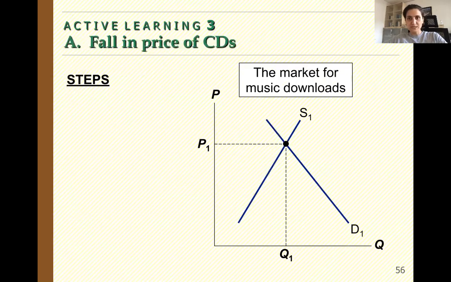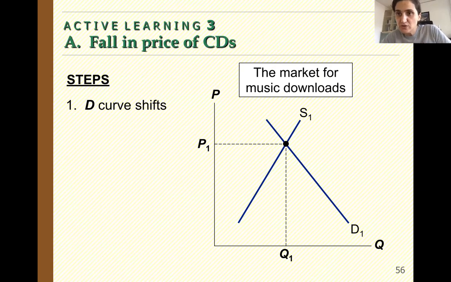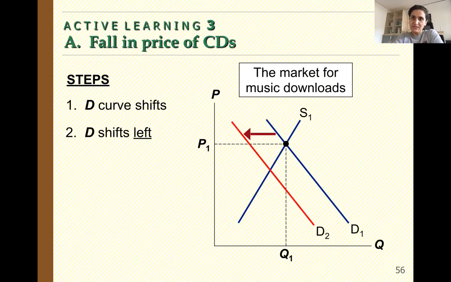So this is the market for music downloads. We draw the demand curve and we draw the supply curve just randomly. They intersect at P1, Q1. This is the initial equilibrium point. With the fall in the price of CDs, the demand curve shifts to the left.